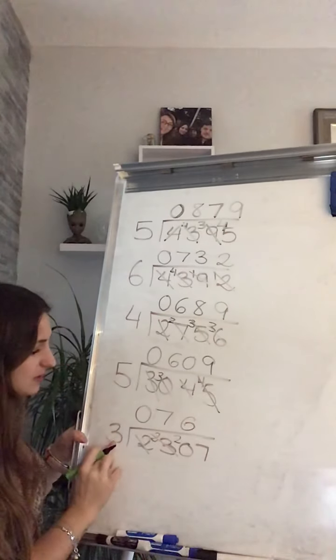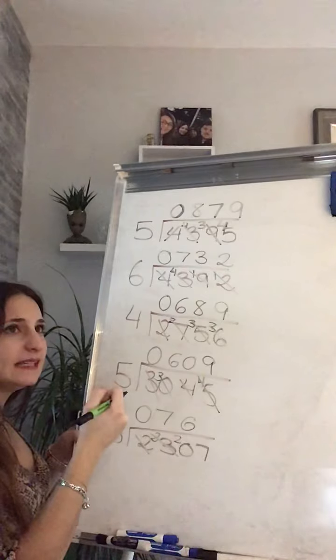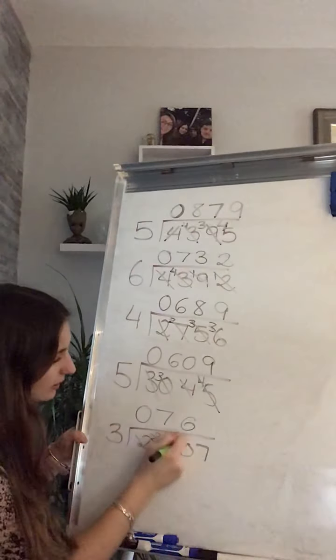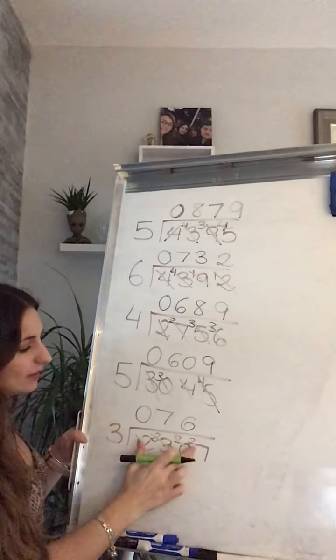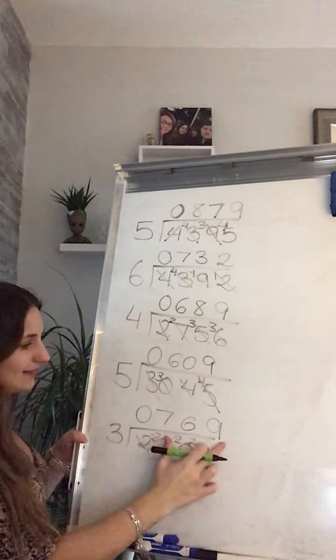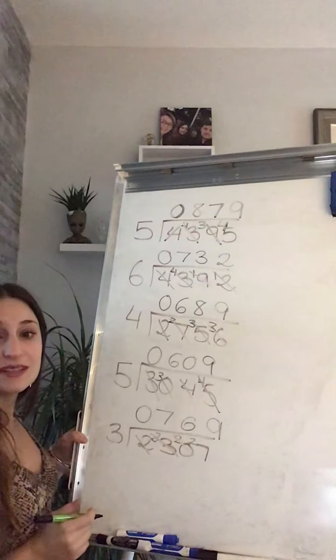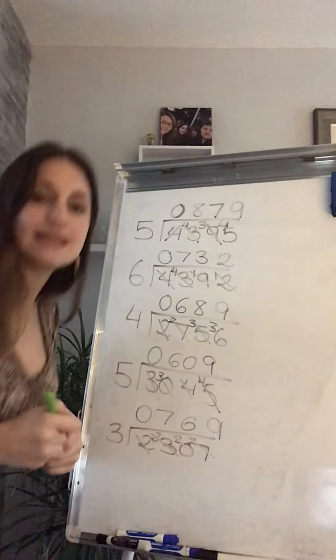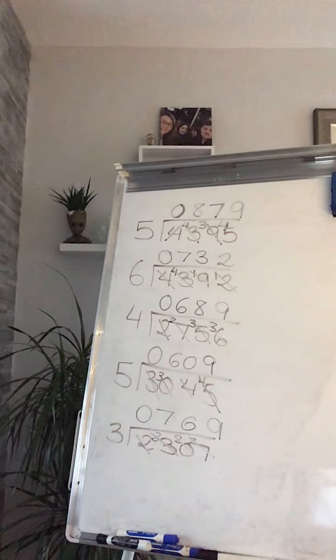So 6 times 3 is 18, 19, 20. So that is 2. 27 on my 3 timetable, yep. 9 times 3 is 27. So your answer should be 769.